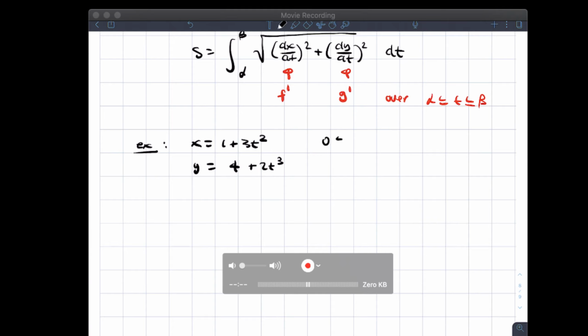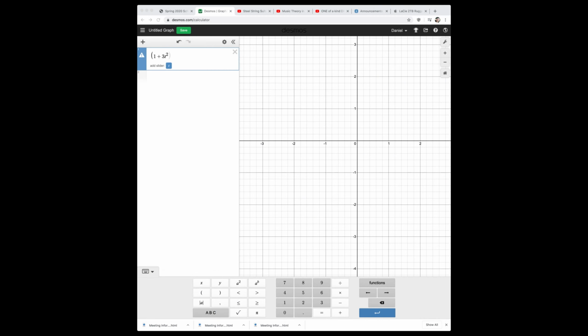And this is over the interval from 0 to 1 here. Okay, so maybe we want to see a bit of this. 1 plus 3t raised to the second power. Let's take a look here at the browser and say 1 plus 3t squared. We're going to define this parametrically, comma 4 plus 2t cubed.